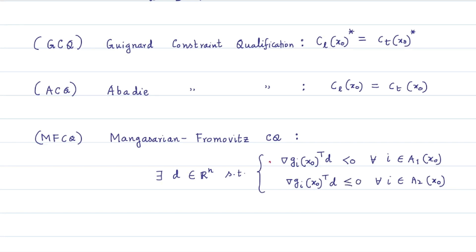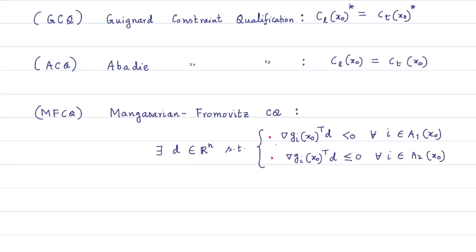So for nonlinear constraints you have this condition, for linear or affine constraints you should have this condition. If there exists certain d in R^n such that these two conditions are satisfied, then we say that the point x naught has satisfied the MFCQ, the Mangasarian-Fromovitz constraint qualification.